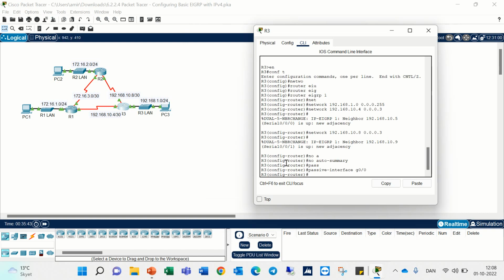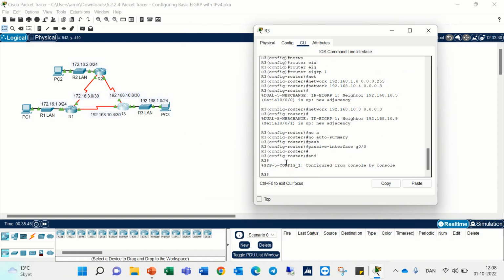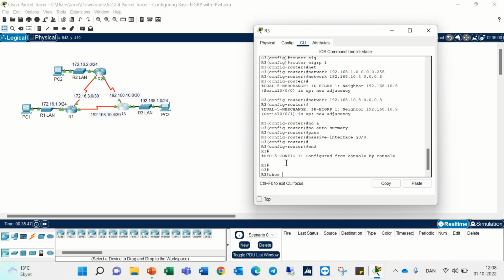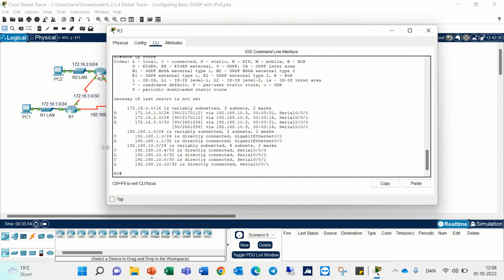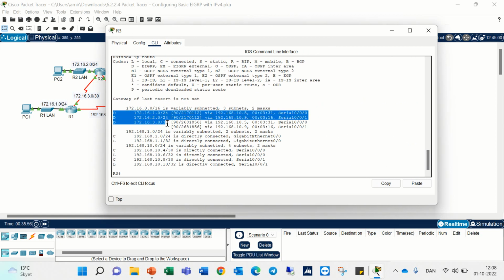Also, it's the same in router 2 and router 3. Show IP route here. You can see also we have learned this three networks using EIGRP, and we can see also AD, administrative distance, and also cost, and the interface that we have helps us to get adjacency.